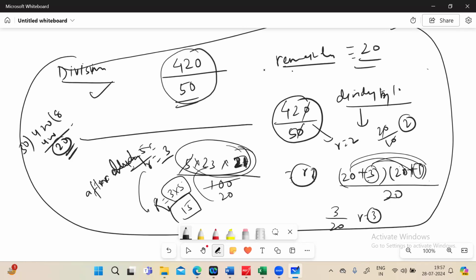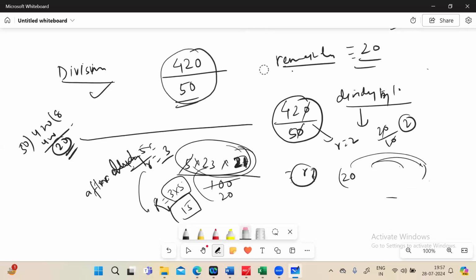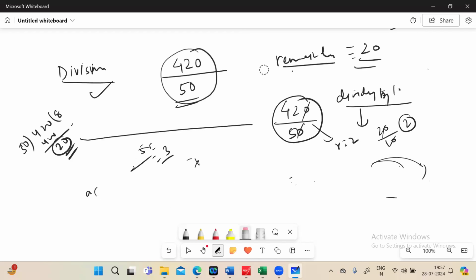Some special cases to mention here are again based on the concepts I have taught.